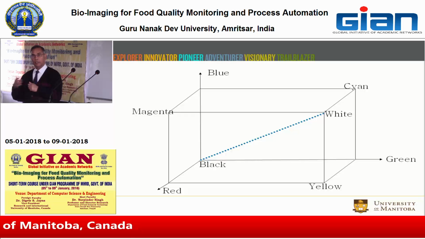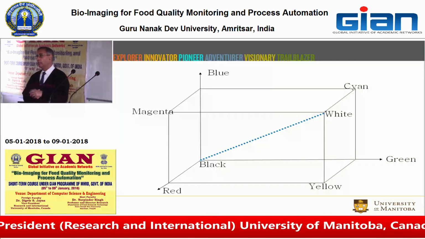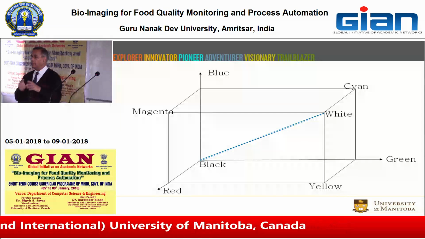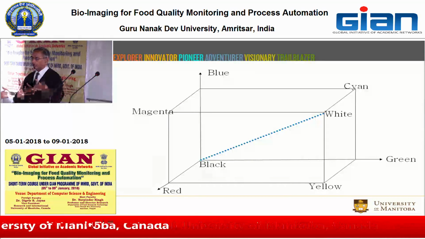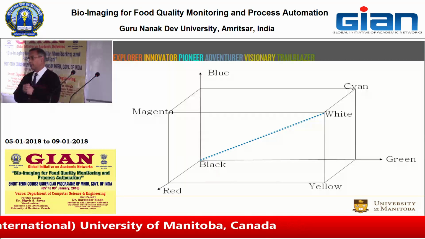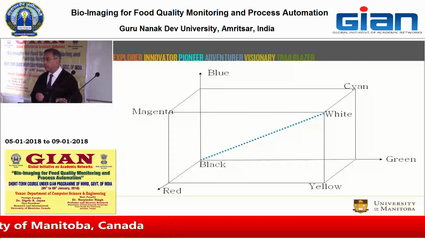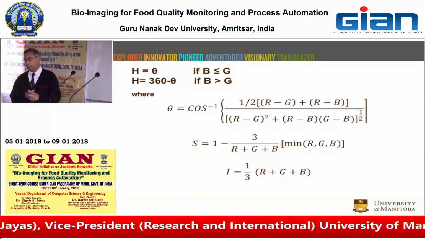So you can convert RGB into LAB, or convert LAB values into RGB. Especially if you were going to design an imaging system or machine-based system for measuring the color of food, most people are familiar with LAB, so you take the camera, take pictures in RGB, and then convert that into LAB. Okay.